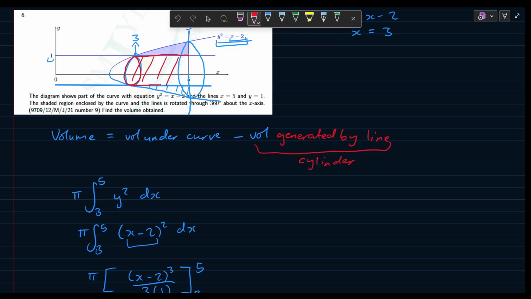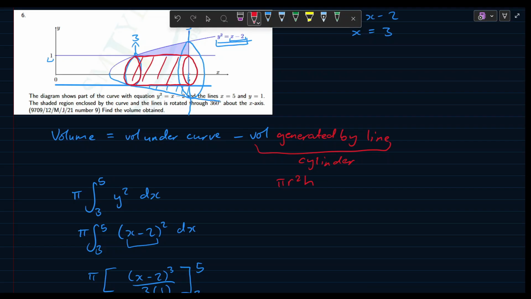That's where we're going to have the other face of the cylinder right there. Okay, so we have to subtract the volume of this cylinder, and we know the formula for volume of a cylinder, that's going to be pi r squared h. So we need to figure out what h is and what our radius is.